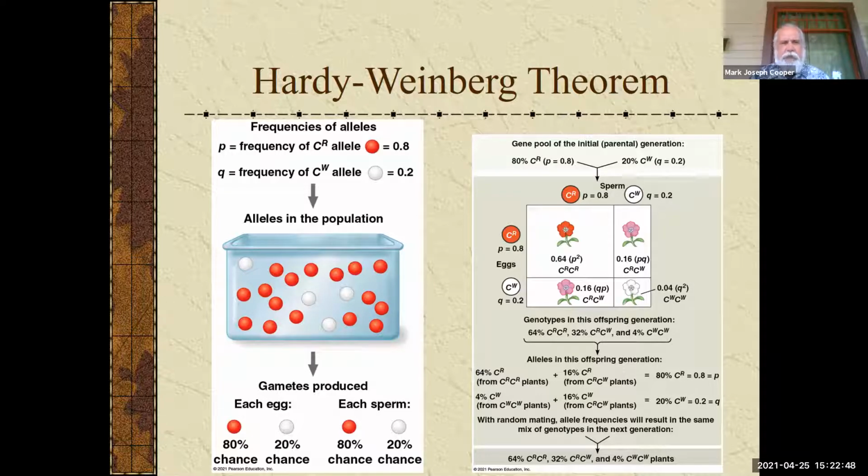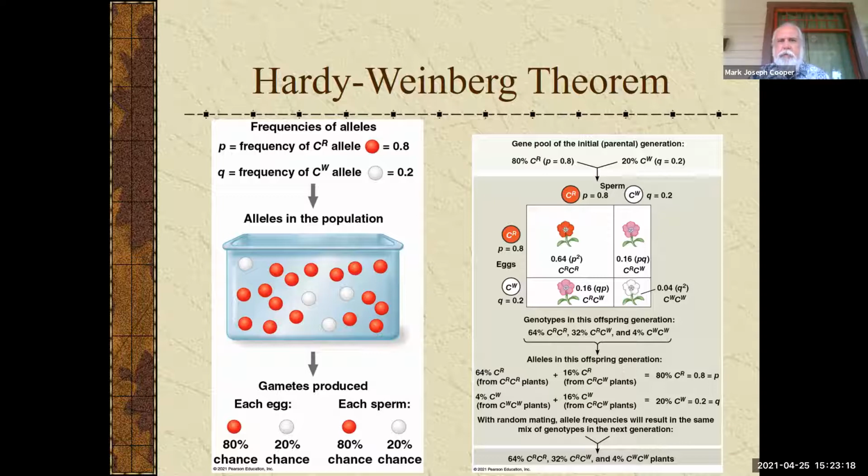So if you do the math, the frequency of the large R, they say, is 80%, the red one is 80%, and then the white one is 20%. And so when you make egg and sperm, what are the chances of that getting passed along? And the one on the right is trying to show you in the crosses what are the percentages and how can we do this to get an idea.